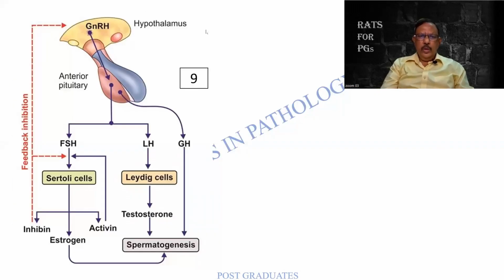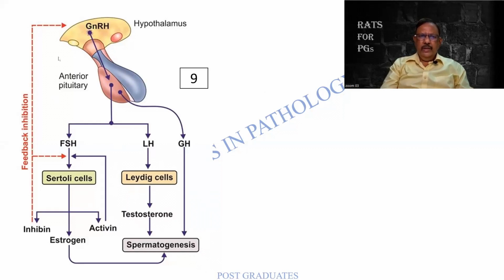This is a wonderful flow diagram. Always when we are asked questions about infertility, straight away we plunge into the organ and get lost. So you have the testis somewhere over here where the spermatogenesis goes on. But then there is a central axis which we should be cautious about.